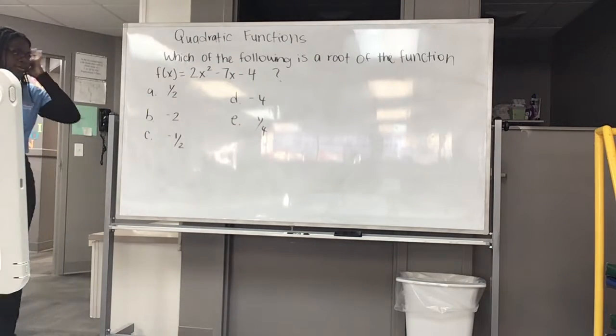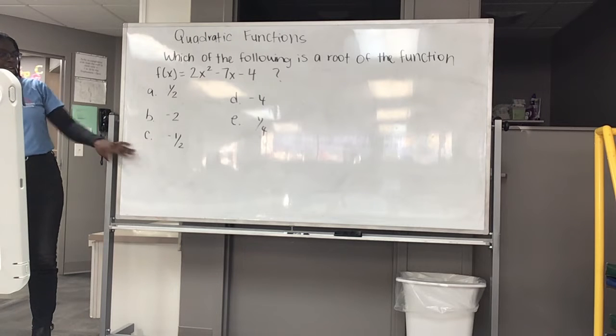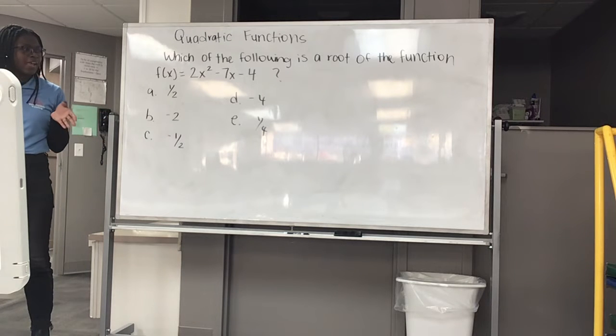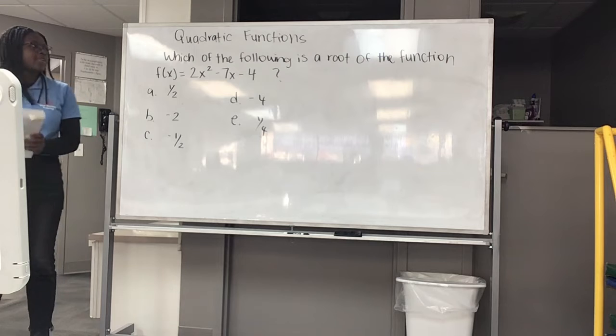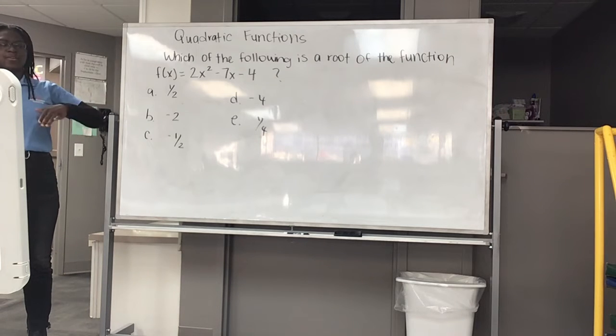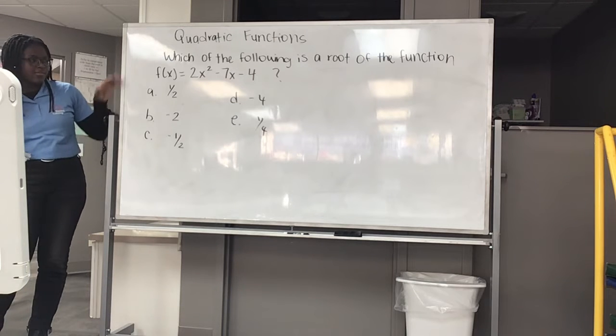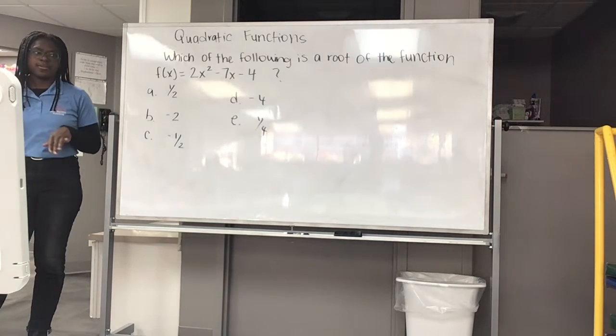A is 1/2, B is -2, C is -1/2, D is -4, and E is 1/4. I'm going to have you solve that quadratic equation, and then choose A, B, C, D, or E.